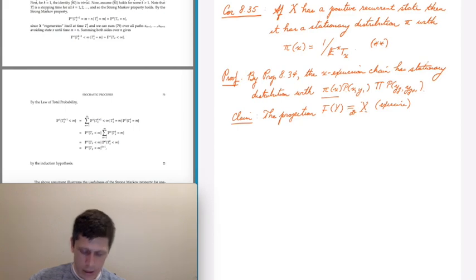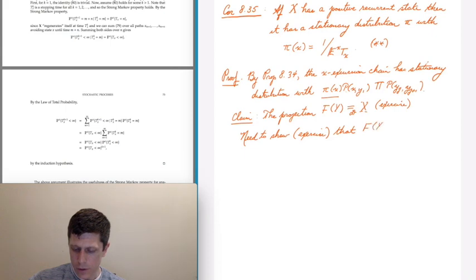And so what we need to show, and this is also going to be an exercise, is that the induced chain, so the induced chain by projection on the last element, has a stationary distribution.